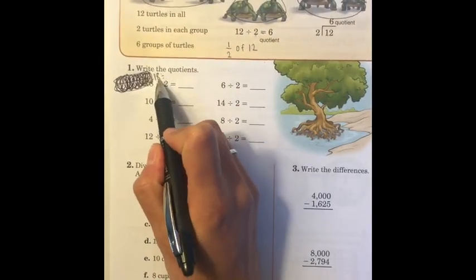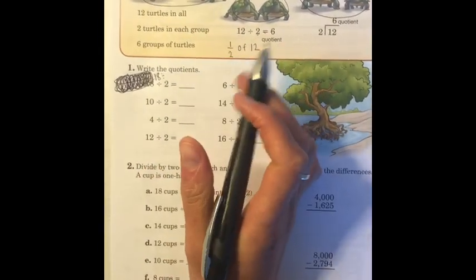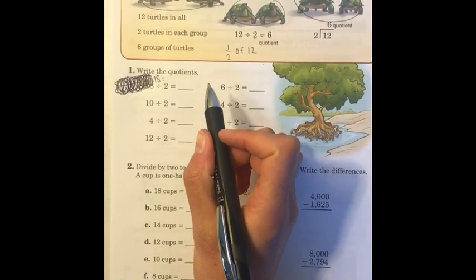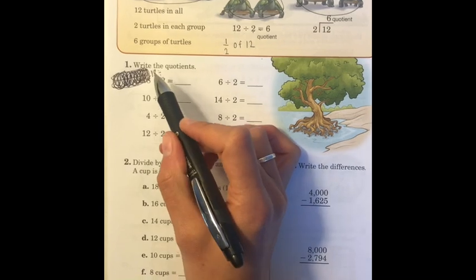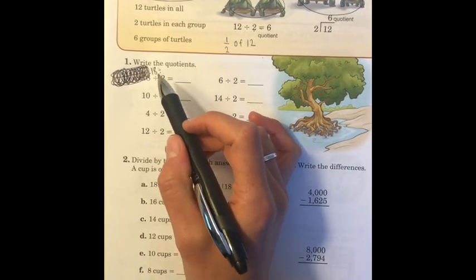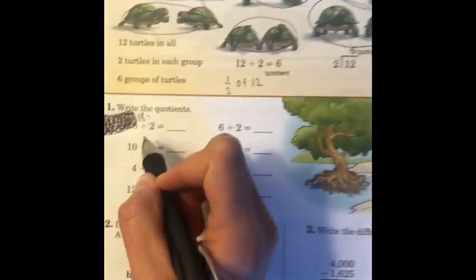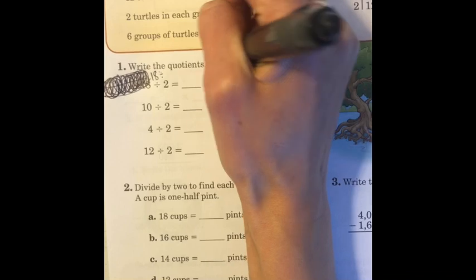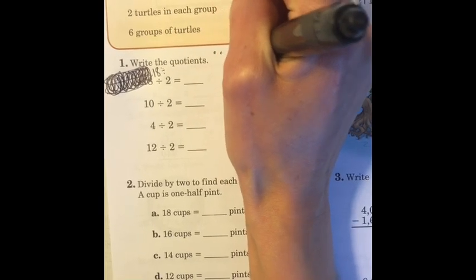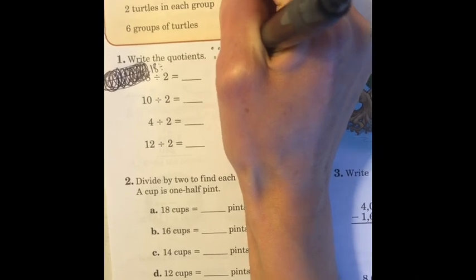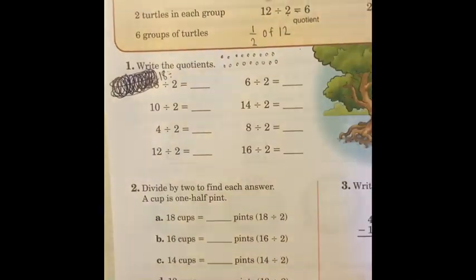Okay, so if I have 18 divided by 2, remember you can draw dots or tally marks or anything to help you group it, to help you figure out what the answer is if you can't think of it off the top of your head. So I'm going to draw dots just for the first one so you can see. If I have 18 dots, 1, 2, 3, 4, 5, 6, 7, 8, 9, 10, 11, 12, 13, 14, 15, 16, 17, 18.